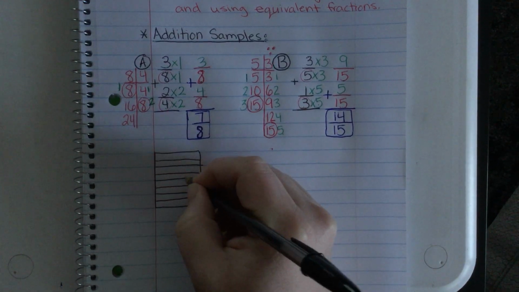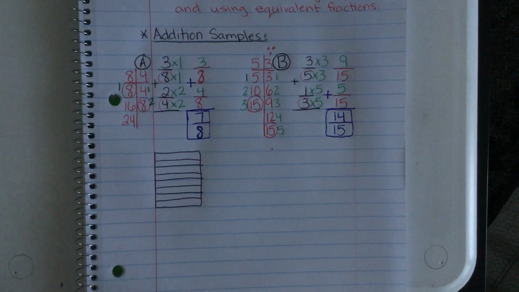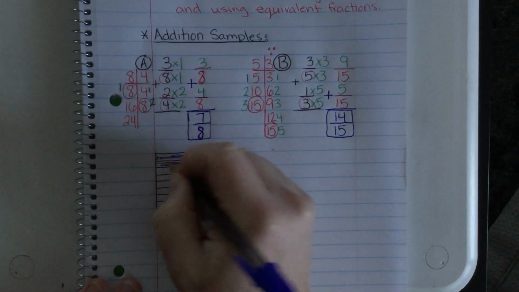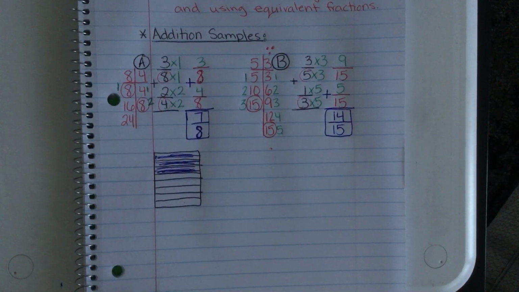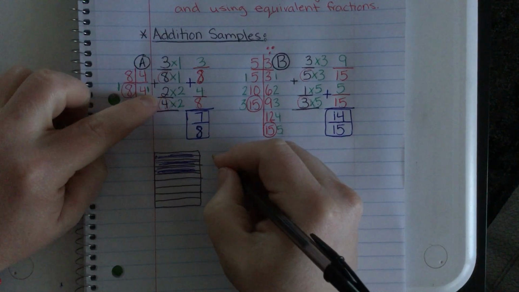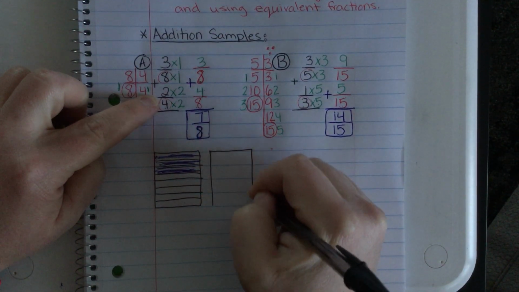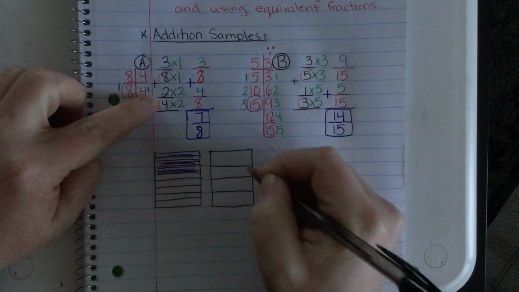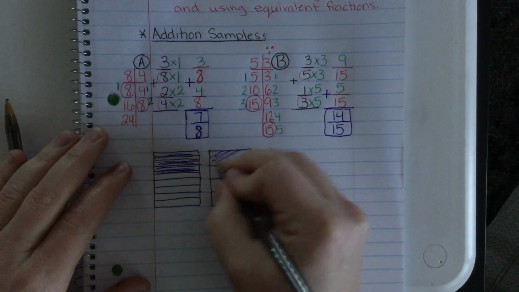So I have 8 pieces, right? And I'm going to color in 3 of them. 1, 2, 3. Okay? Now, I'm going to draw another picture to show 2/4. 1, 2, 3, 4. There's my 4 pieces. And I need to color in 2/4.